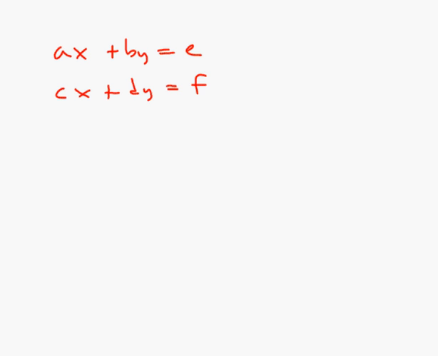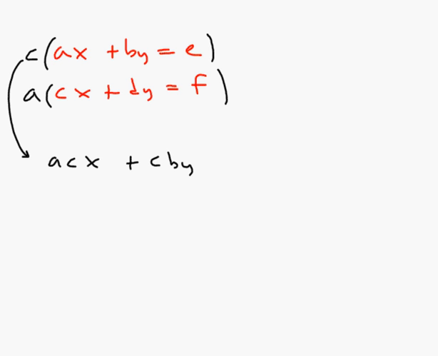I'm going to take the top equation and multiply through by c, and the bottom equation, multiply through by a. If I do that, here's what we get. We can write c times a times x, or a times c times x, so I'm going to write it that way, plus c times b times y, or bcy. I'll write it in special order here.